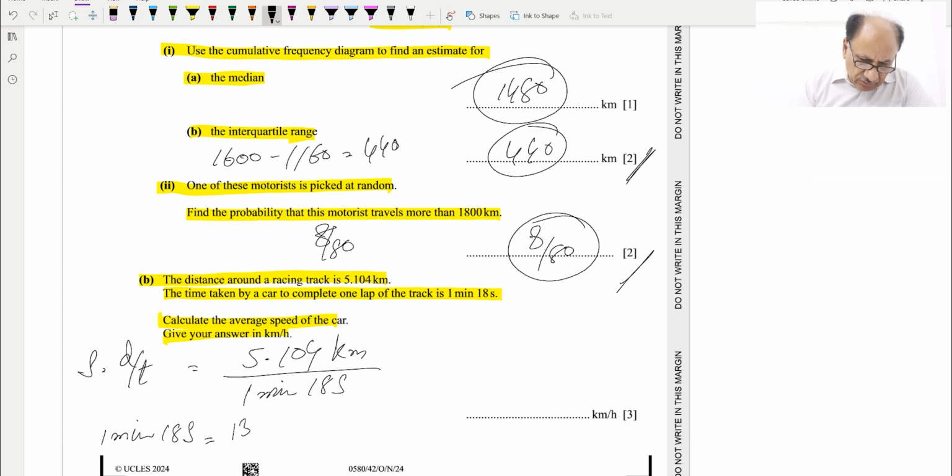So we can write 13 over 600, and further we will just divide 5.104 over 13 over 600, and this will give us the answer.